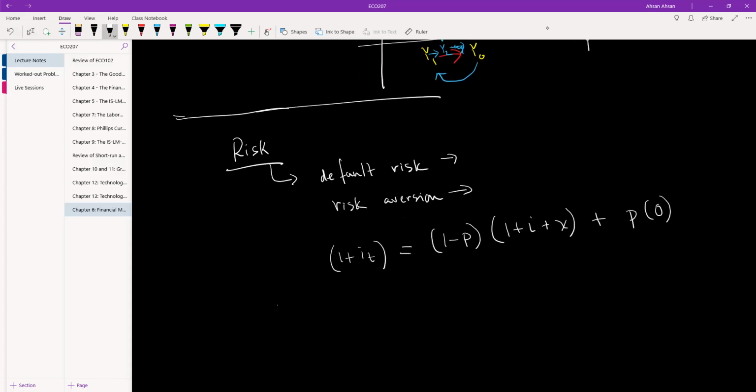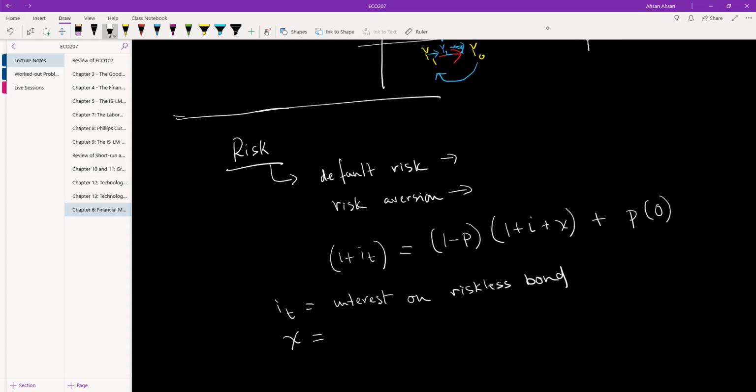Okay. IT, you guys all know what that is. This is interest. Remember in chapter 5, we had assumed no risk: if you are buying a bond, the bond will pay out on time and the amount that you expect. So IT is interest on riskless bond. There is no risk.